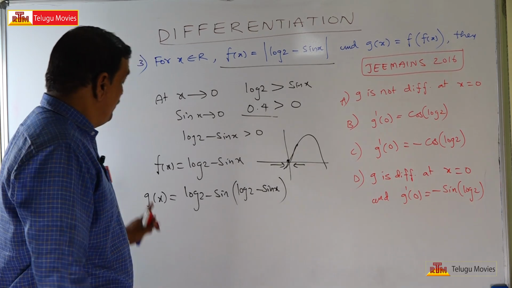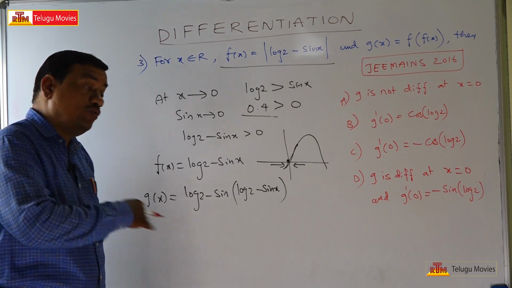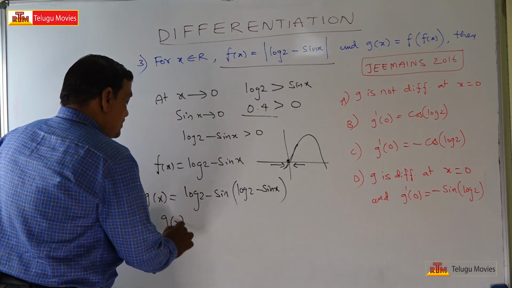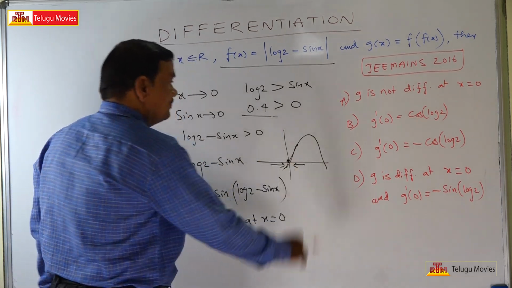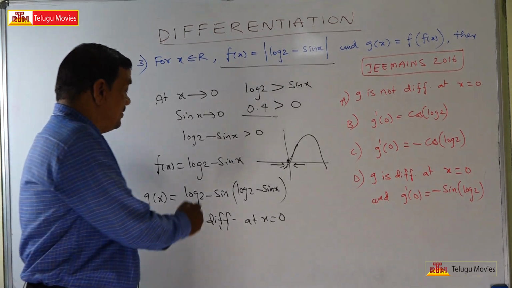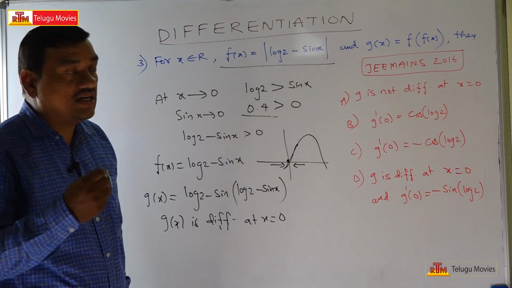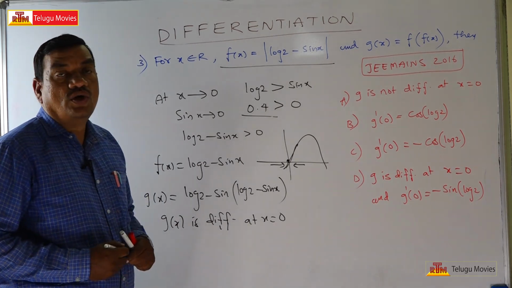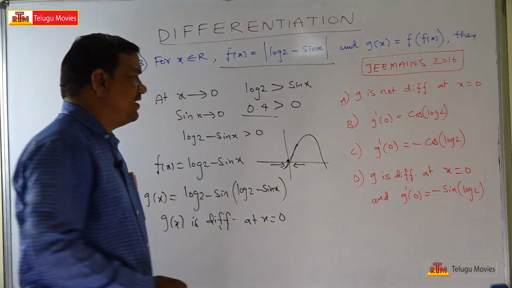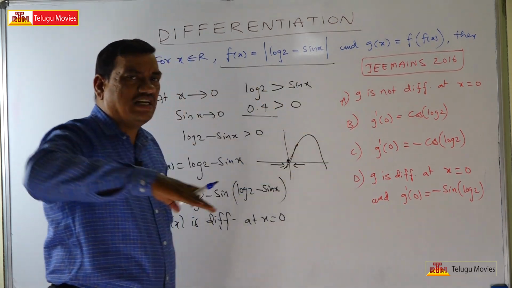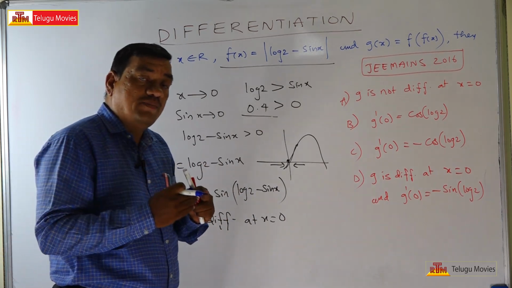Actually speaking, we have to find the left hand side derivative and right hand side derivative at x is equal to 0. But we can say g of x is differentiable at x is equal to 0. Why, sir? See here, the one and only thing is sin x, which is differentiable at x is equal to 0. Why? Because sin x is differentiable everywhere, the curve is smooth everywhere. There won't be any turning points.